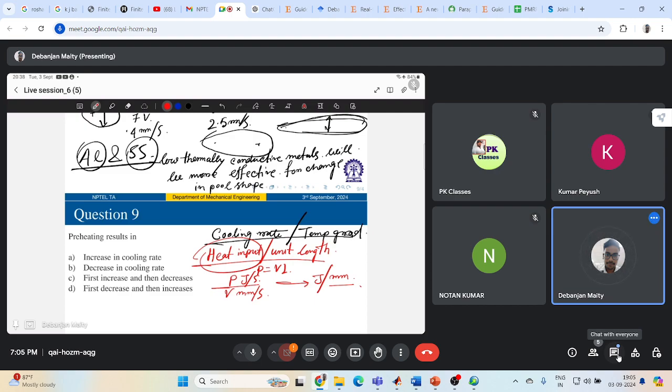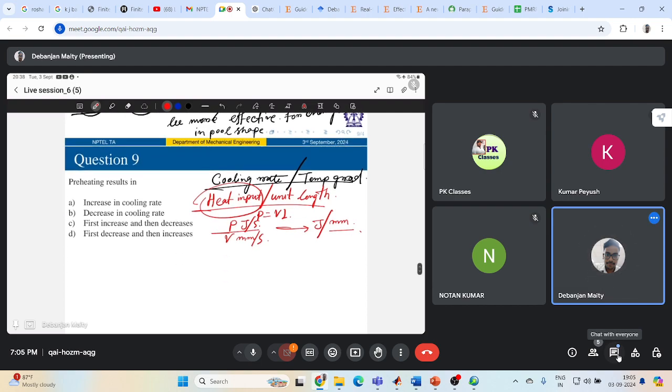From experiments, it has been shown that if you increase the ratio of heat input per unit length, that is, sorry, this is not E, this is voltage into I, I is current, and this is welding speed.